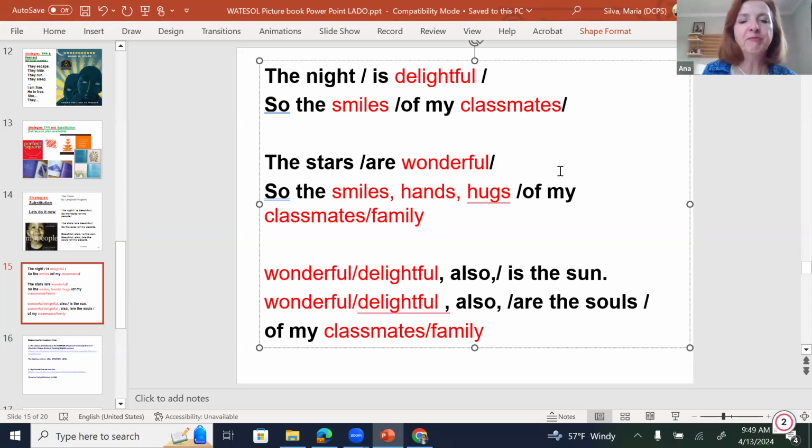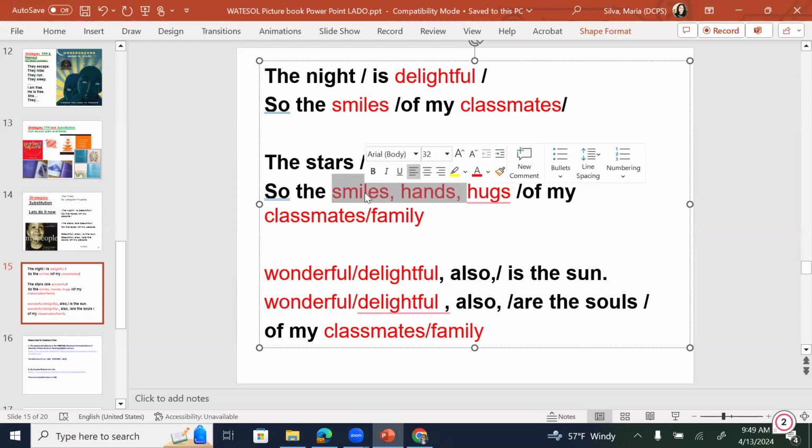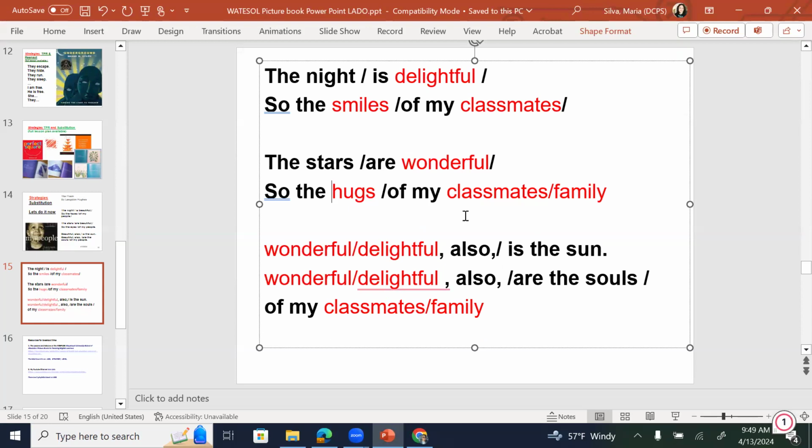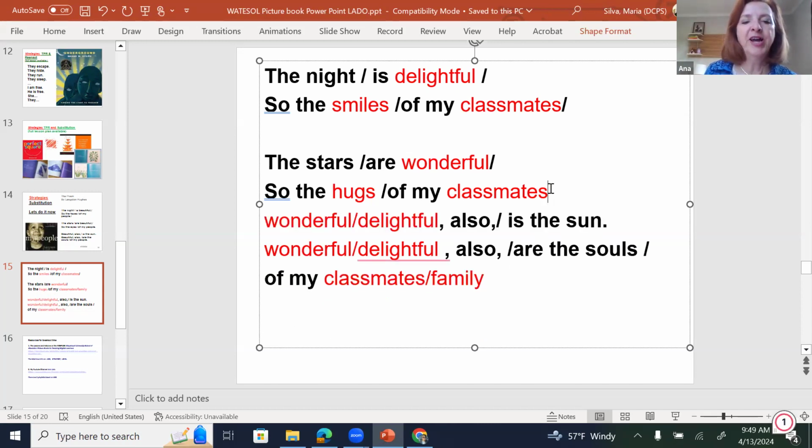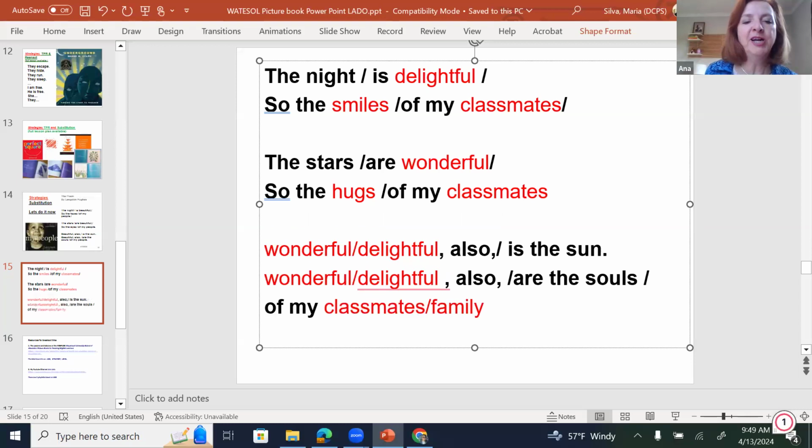Smiles, hands, hugs, somebody shout out. Hugs. Hugs, okay, Maria, can you erase? And are we still doing classmates? Let's still do classmates. The whole poem will be about classmates. All right, and the last two lines, wonderful or delightful, or does someone have a new word?